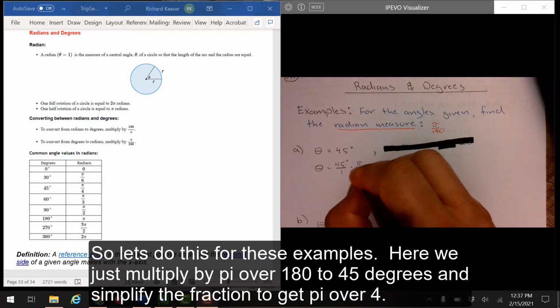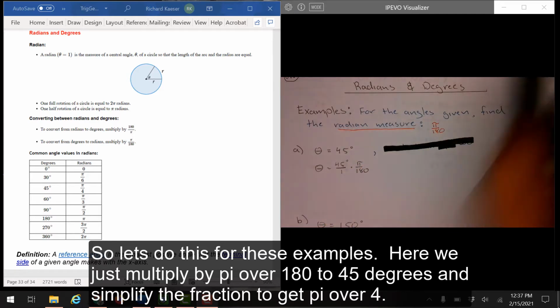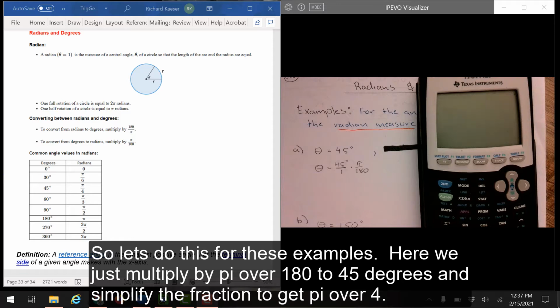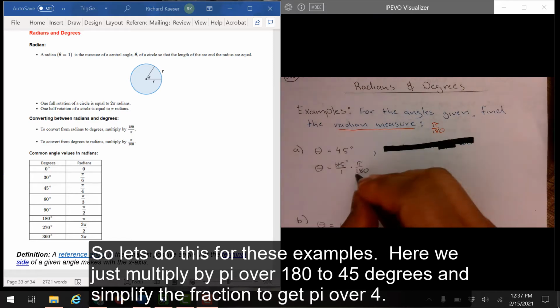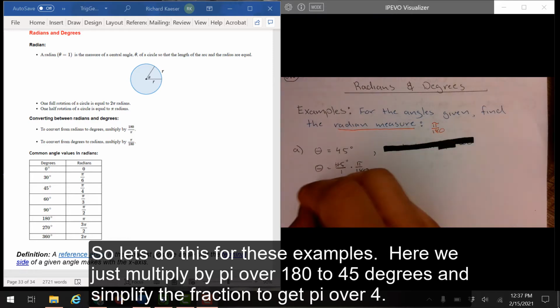So let's do this for these examples. Here, just multiply 45 degrees by pi over 180 and simplify the fraction to get pi over 4.